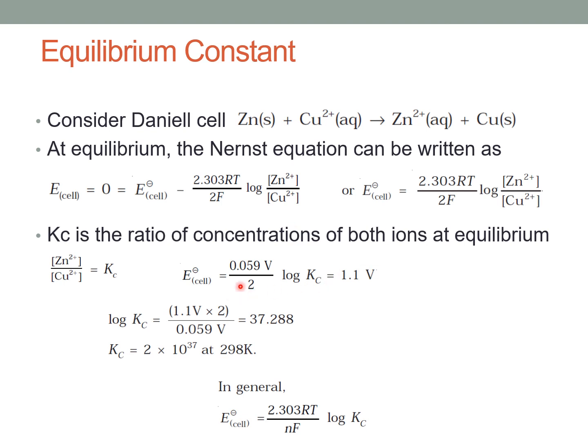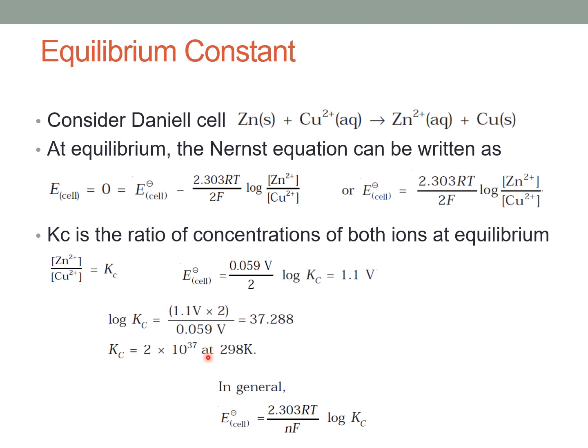So you substitute E0 cell equal to 1.1 volt, then log Kc becomes 1.1 multiplied by 2 by 0.059 volts, that is 37.288. Now you have to apply the antilogarithm, or 10 power 37.288 equal to Kc. That equals 2 into 10 power 37, the value at 298 Kelvin.